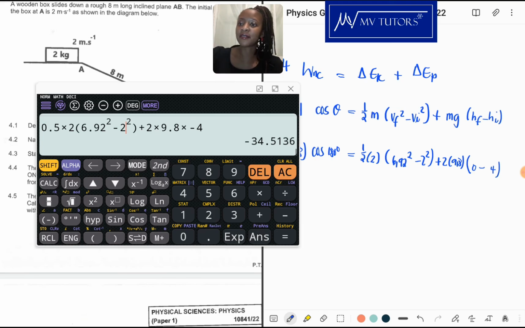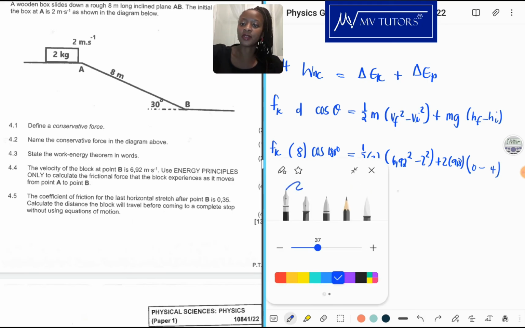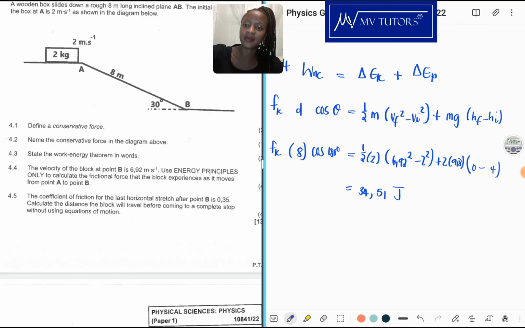So I have negative 34,51. Please keep that answer. Don't switch off the calculator. Negative 34,51 Newton. That is the work. No, that's not Newton. That is joules, because that is the work done by a non-conservative force. But on the other end, we have 8 times cos 180. So cos 180 is negative 1.